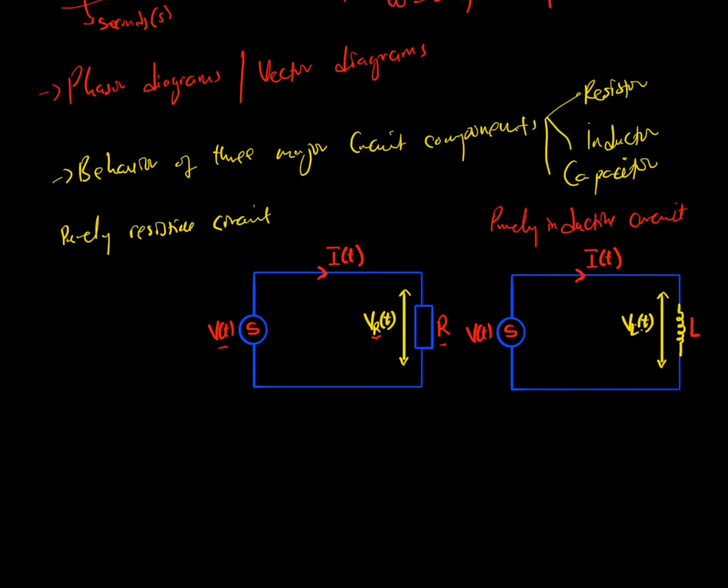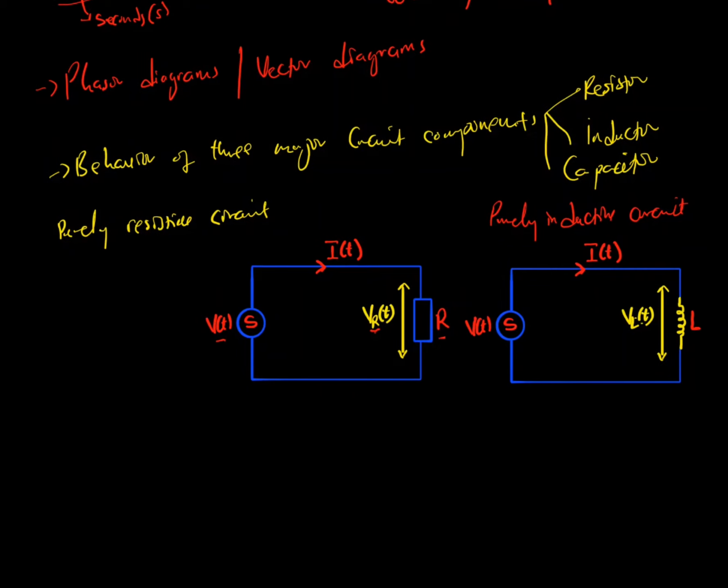For a purely inductive circuit, here we just have an inductor connected to an AC source. So we try to determine the current and the voltage across the inductor of inductance L. Then we will also look at a pure capacitive circuit.